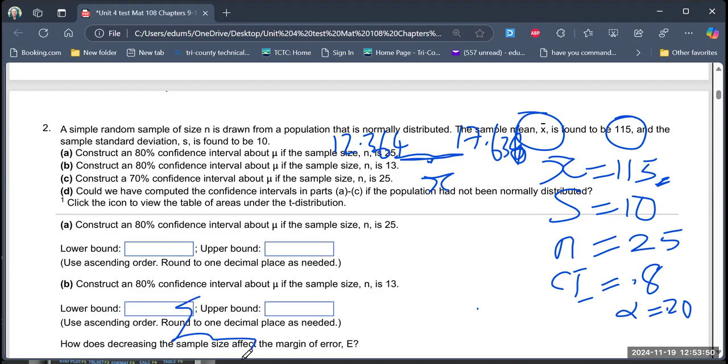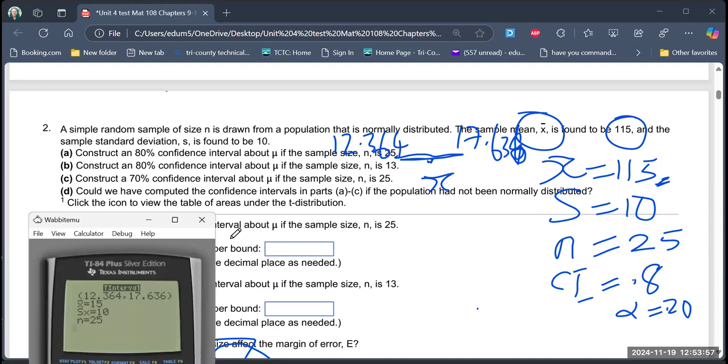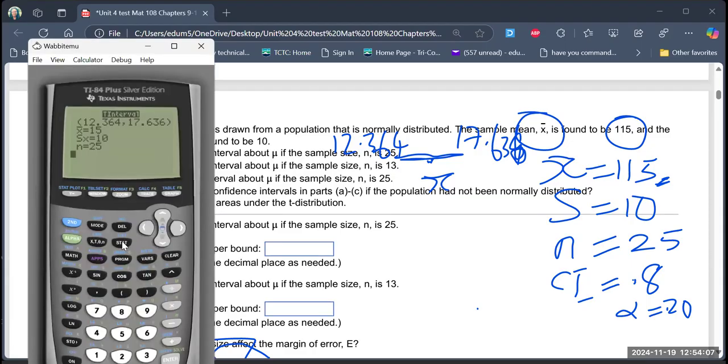Let me go back and see that question again. I think something is wrong with the data here. I want to make sure I enter the right data. I'm going to enter it again because it seems that the data I entered is not the same as what I have.